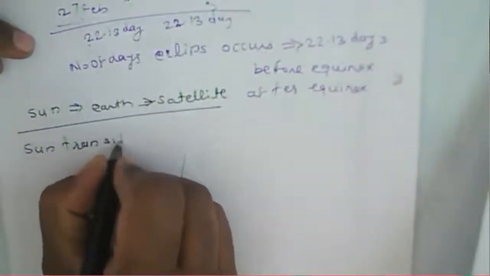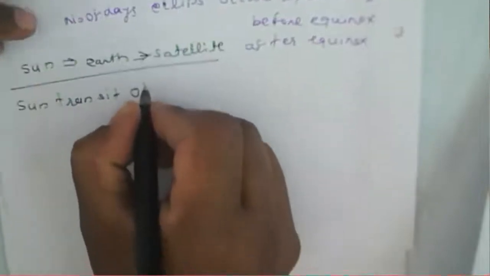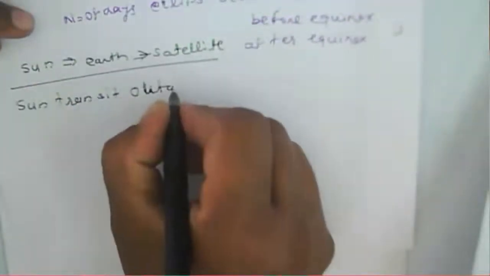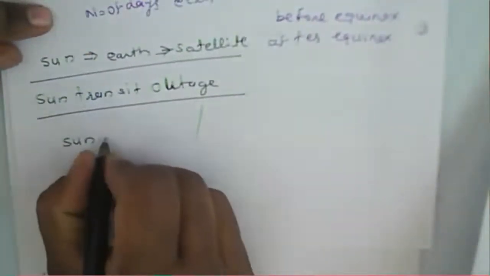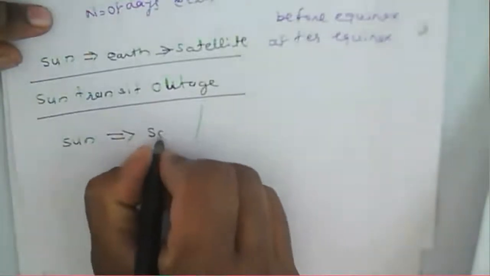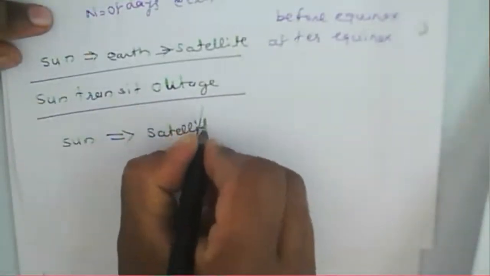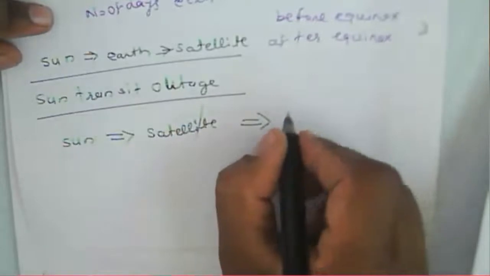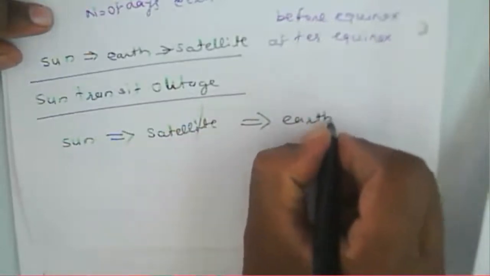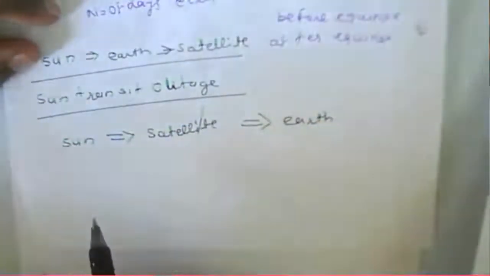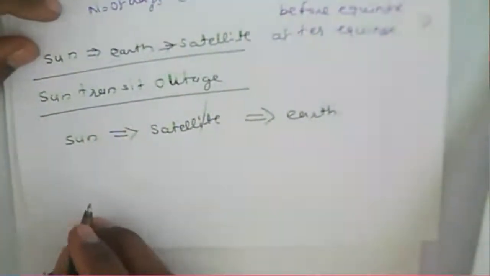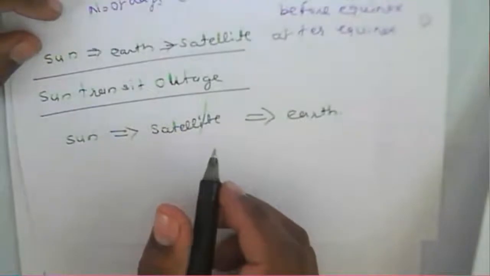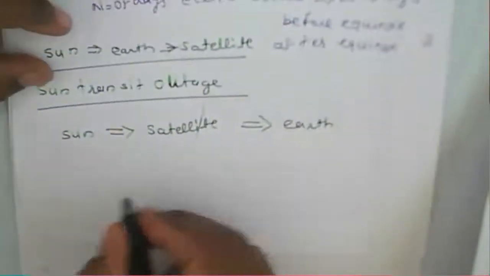Now another case is the sun transit outage. In this case, there is a sun, after that there is a satellite, and then there is the earth. That means the sun, satellite, and earth are in one line.